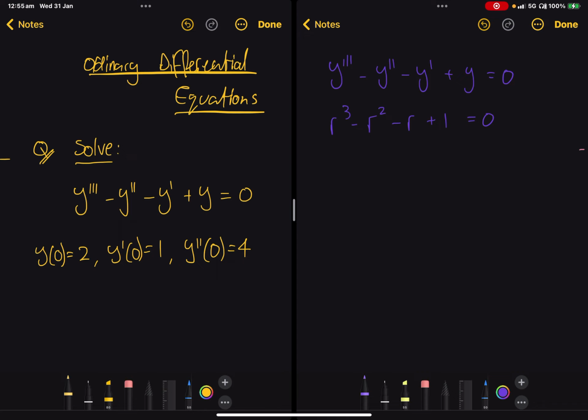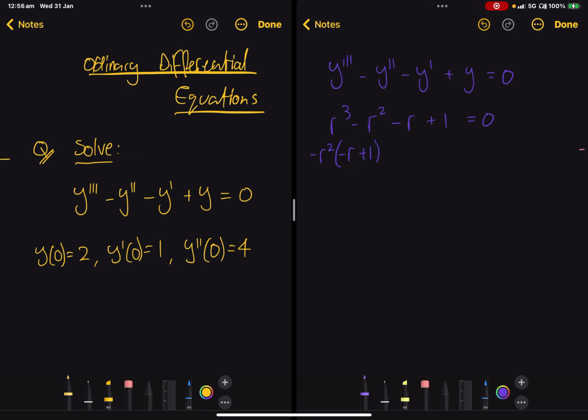So the first thing we want to do here is see if there are any factorizations. One thing we could do is factor minus r squared out of the first two terms, and we would get minus r squared times (r minus 1), sorry, the r cubed would become minus r, and the r squared would become plus 1.